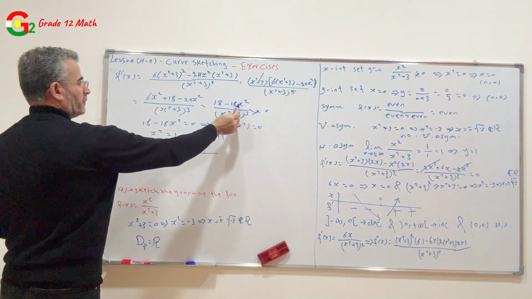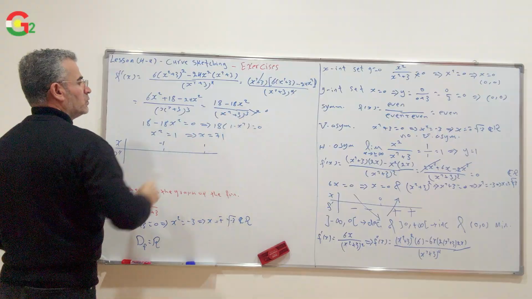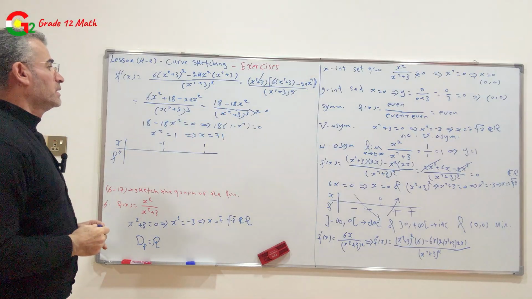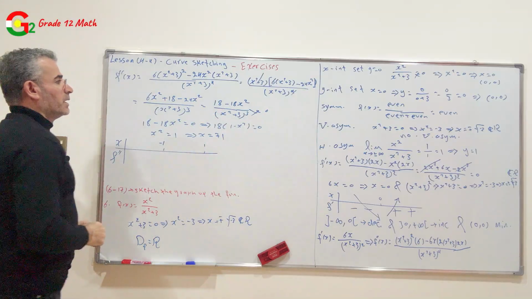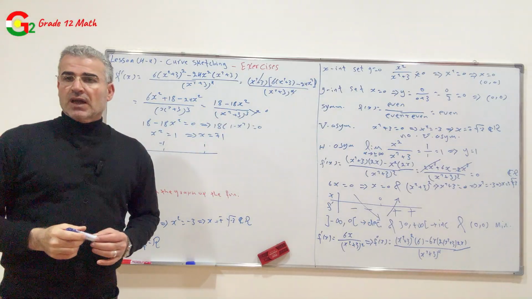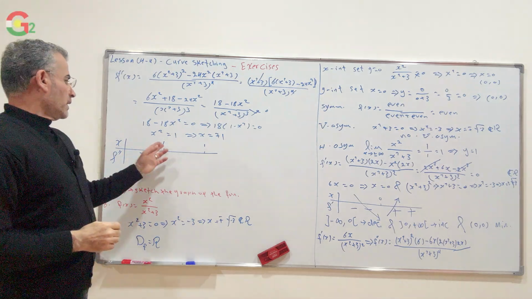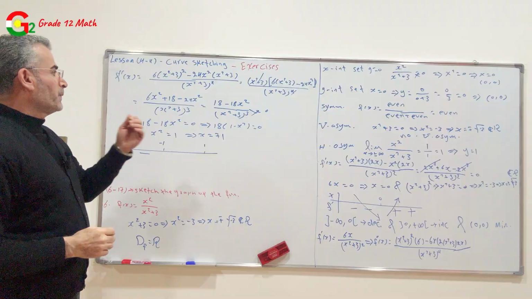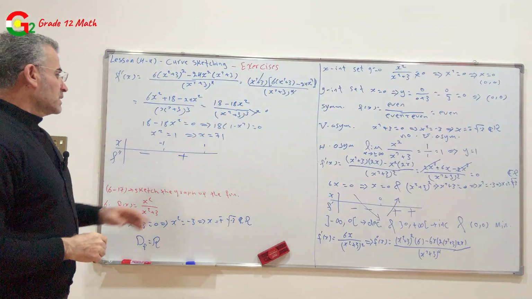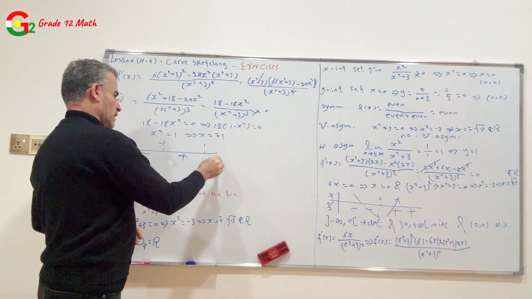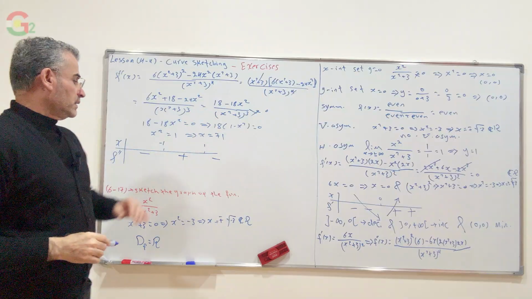If we set negative 2, then negative 2 squared is 4 times 18, so 18 minus 18 times 4 is a negative value. Between negative 1 and 1, take 0: 18 minus 0, 18, positive value. When x is greater than 1, also the value is negative since 18 times 4 is greater than 18.